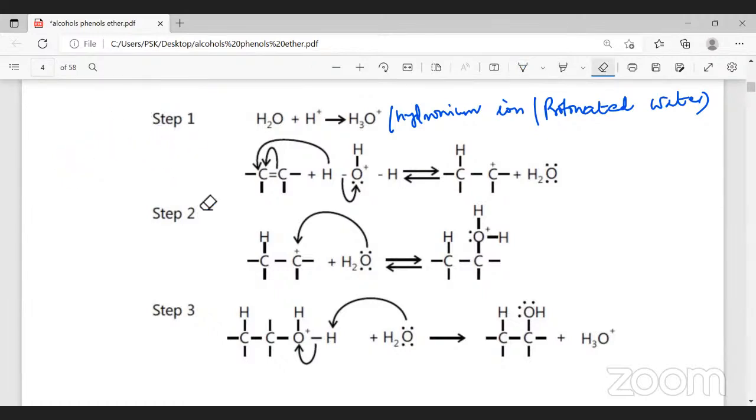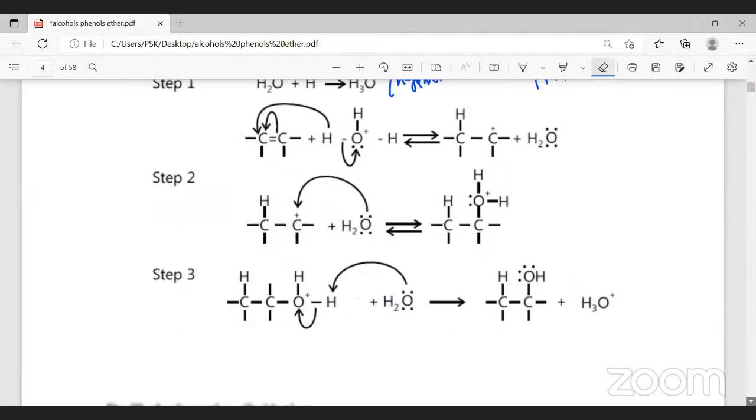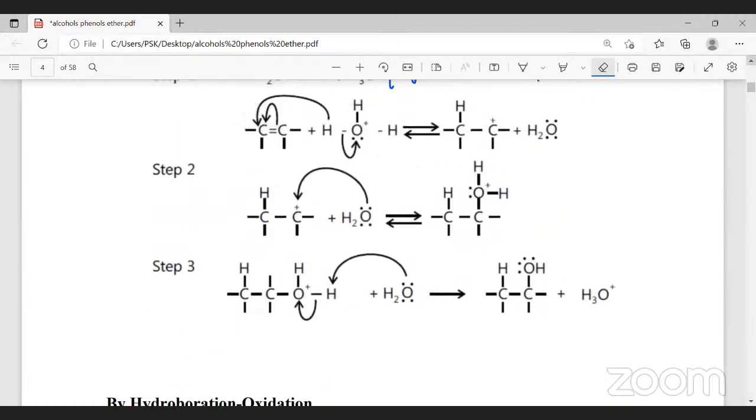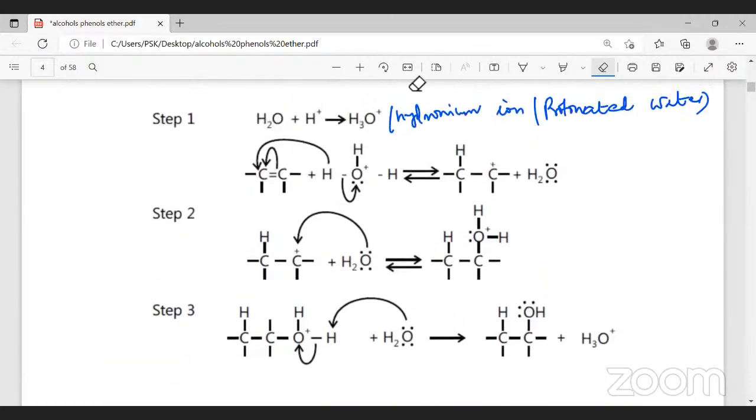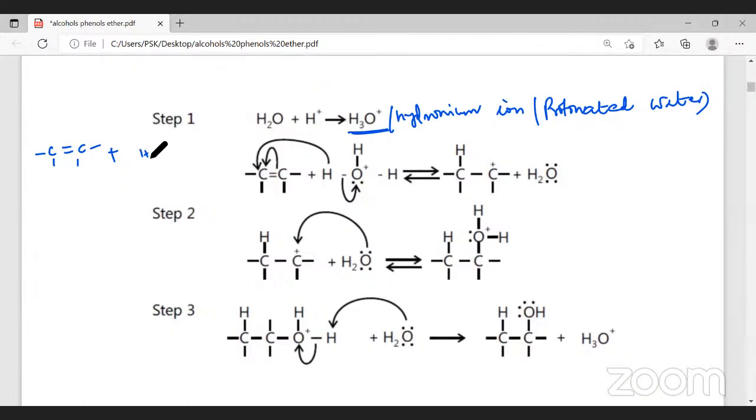I require a little space and we will write it. Now, the first step in the reaction is water reacts with H plus to form H3O+. Now, the next is alkene. We have represented it like this for our convenience. Now, hydronium ion, we have represented as H, O, H, H, and oxygen has a pair of electrons and a positive character.